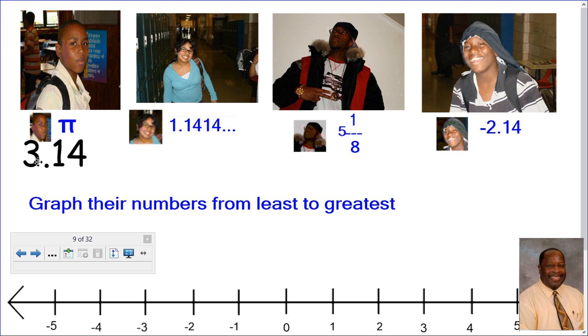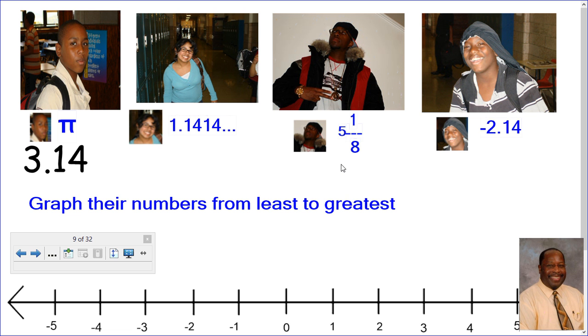It's an approximation. But we can round it off just to say it's 3.14.